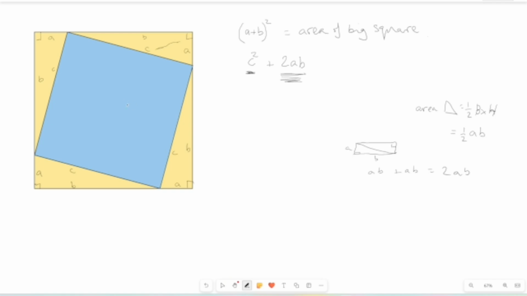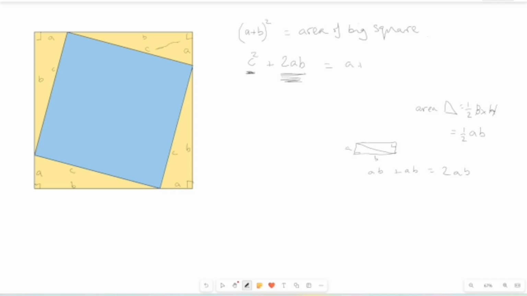So the area of the blue square, which is C squared, plus the area of all of the yellow triangles has to equal the area of the big square, which is A plus B squared. So let's multiply out this bracket.